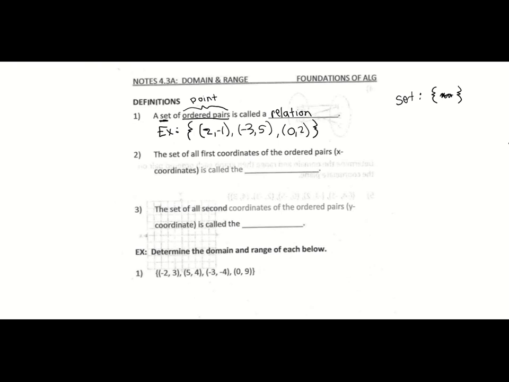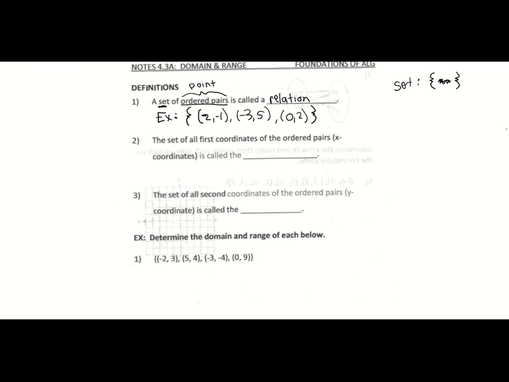So our second definition, a set of all first coordinates, which is my x value. So if I look up here, all my first coordinates are the x coordinates, and this is called my domain. Basically, the domain is just all of my x values.